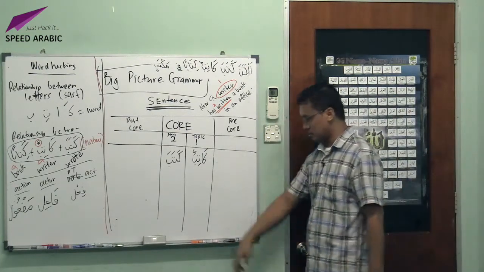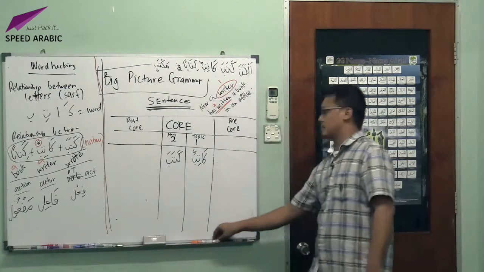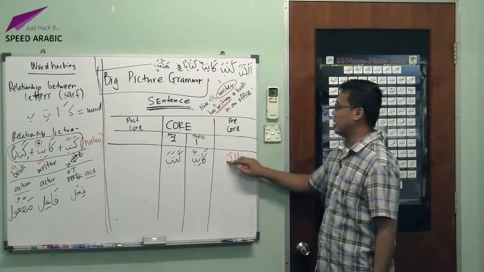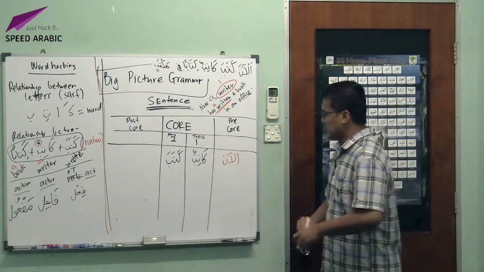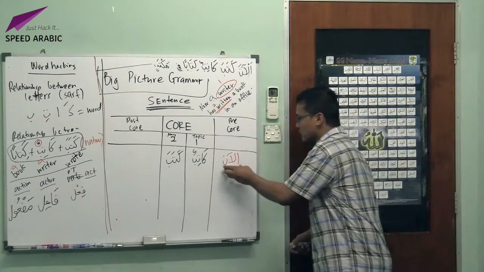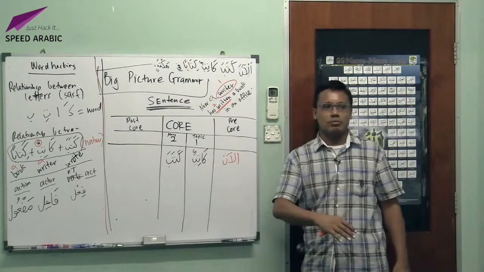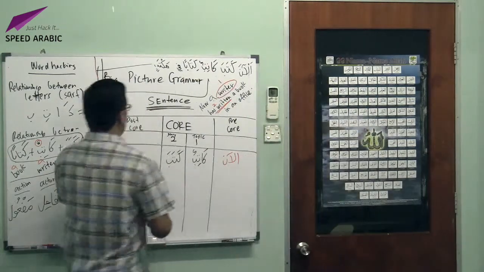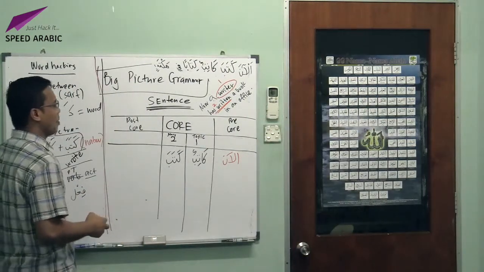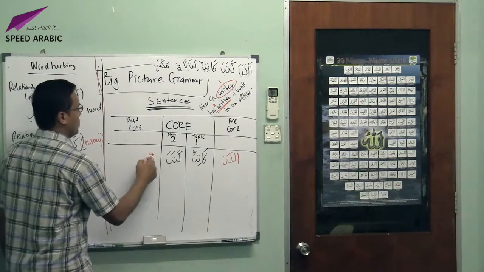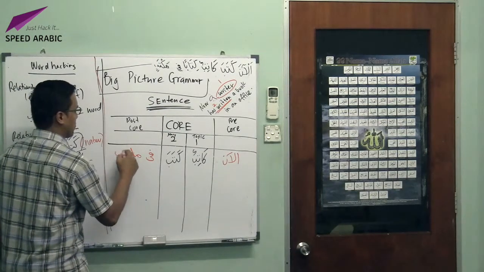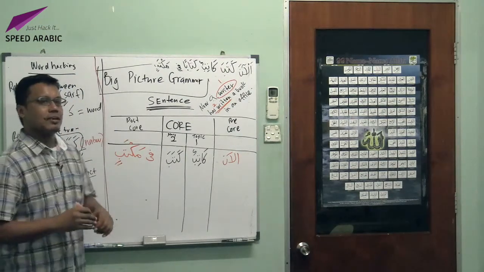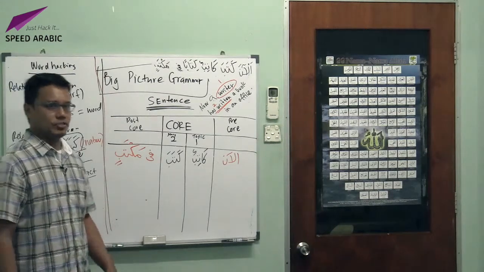What is the pre-core? Now, right? Al-an. Okay. This is important information in the sentence, but it's not the core. It does not want to talk about that. And what is the post-core? Fi maktabin, in an office.